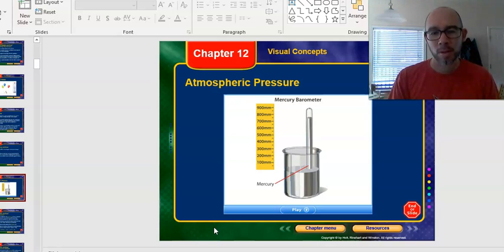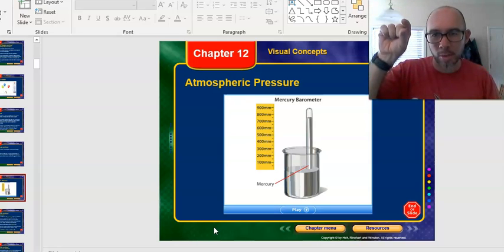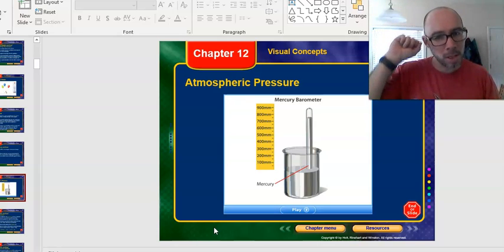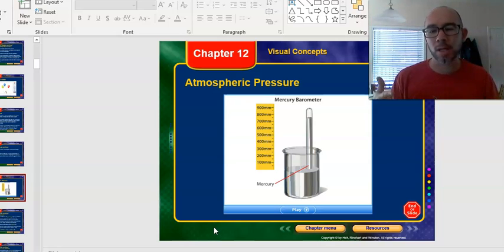If there is more push down, the pressure is higher, like with warmer temperatures during the day, and the mercury rises.